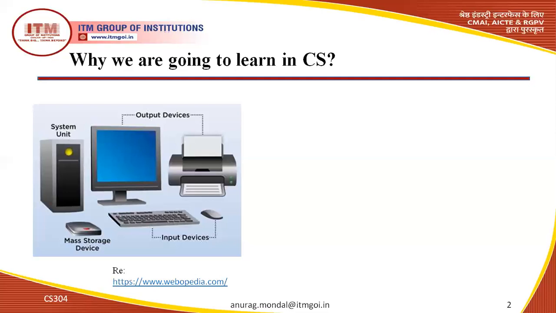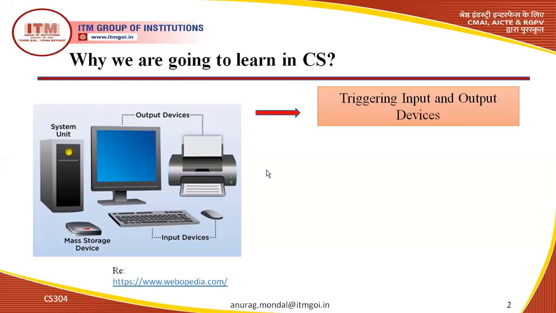Now coming to this image. This image is nothing but a computer system. In this computer system, what do we have? Some input devices, output devices, system unit, and mass storage device.